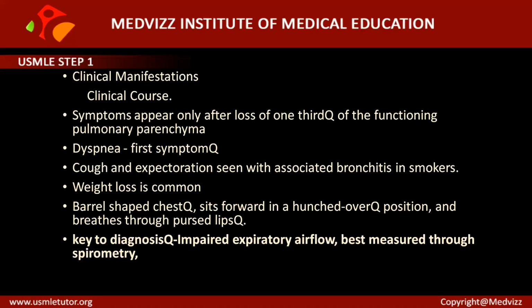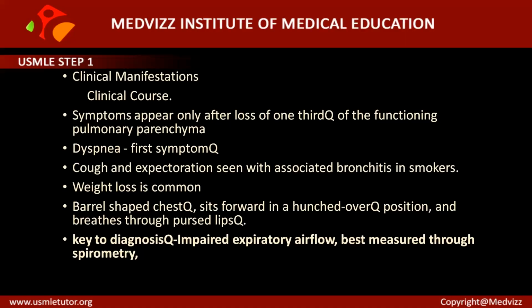But in emphysema it is more significant, because the barrel-shaped chest is typically due to too much increase in total lung capacity. That is the reason the patient sits forward in a hunched over position and breathes with pursed lips because of a functional obstruction.